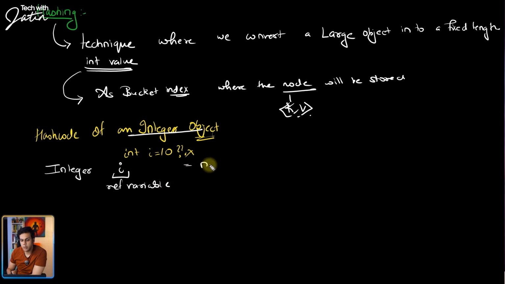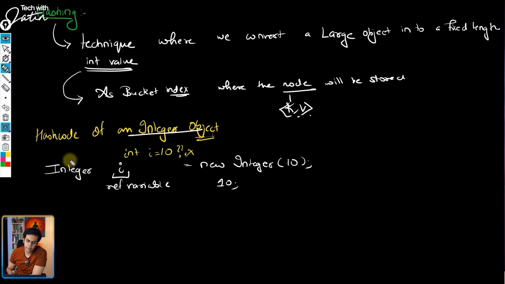Equal to new Integer(10), or you can simply write 10 also. Because we use classes, I'm just giving an example that this is my class, I'm creating a reference variable, and this becomes my object.